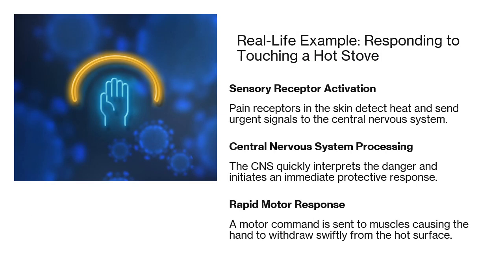So, real life example: if you touch a hot stove, the pain receptor in the skin detects the heat. It sends a signal to the central nervous system. The central nervous system really quickly interprets that it's dangerous and wants to protect you, so it sends a signal through the rapid motor response that says, pull your hand away from the hot surface.